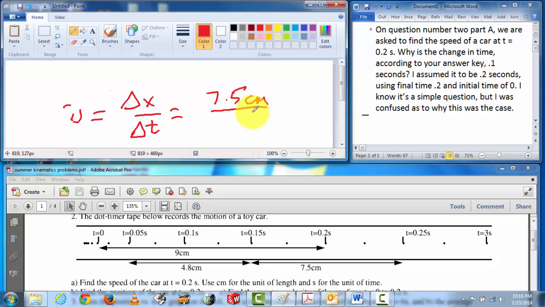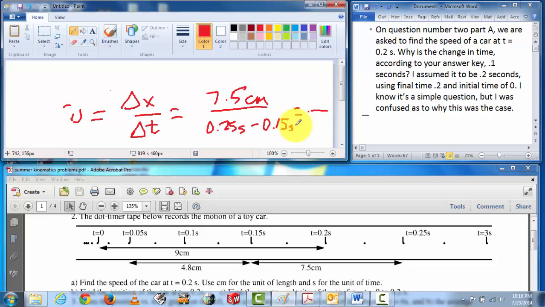Okay, how much time has gone by? Well, we know that the final time is 0.25 seconds, and the initial time is 0.15 seconds. Okay, here's where the answer to your question comes in then.